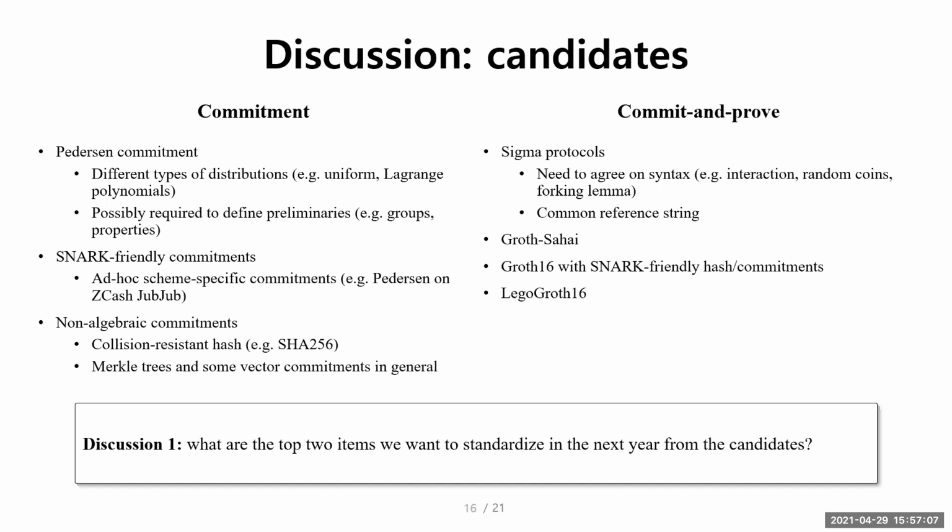So it sounds to me like there is interest in standardizing all of these three options: Pedersen commitments, commitments based on snark-friendly algebraic hashes like Rescue and Poseidon, and conventional hashes like SHA-256, Blake2B, etc. Is that a fair summary of the discussion?